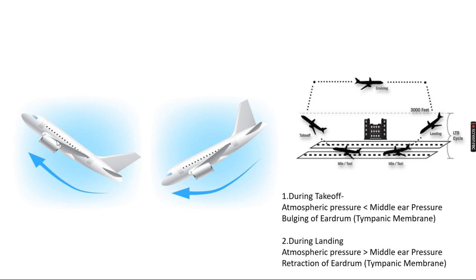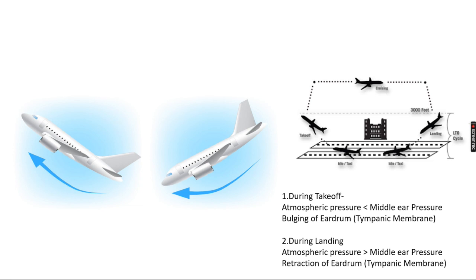Here you can see the picture of takeoff. During takeoff, the atmospheric pressure gets lesser than the middle ear pressure. That leads to bulging of the eardrum, or tympanic membrane, and that can lead to some kind of ear discomfort or ear pain.